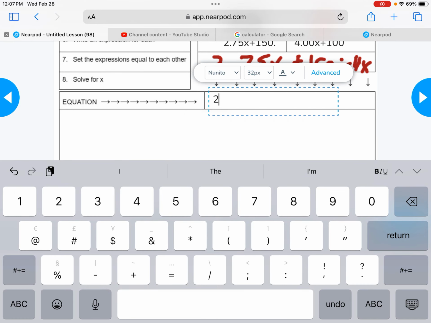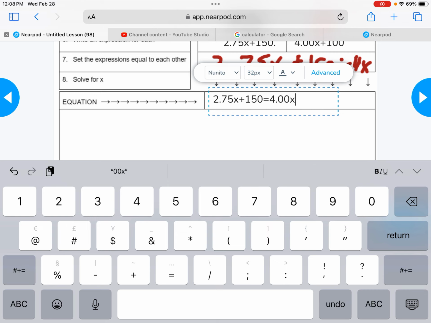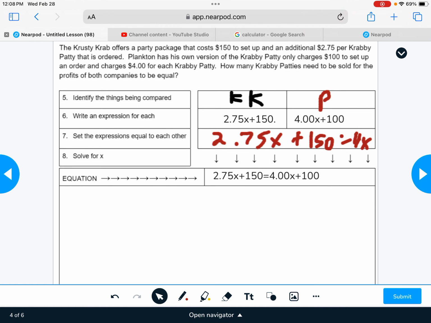Okay, $2.75 per person plus that $150 is equal to the $4 per person that the charge from Plankton is. I didn't do 4.00, but if you like seeing 4.00, so you see it's $4 per person plus the $100 charge that you're charged for setting up that party is going to be fine.